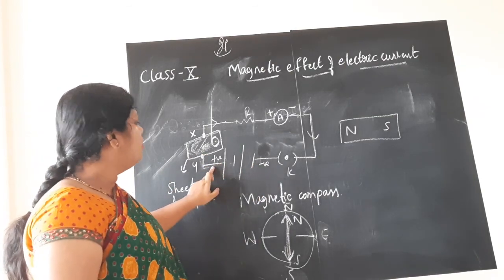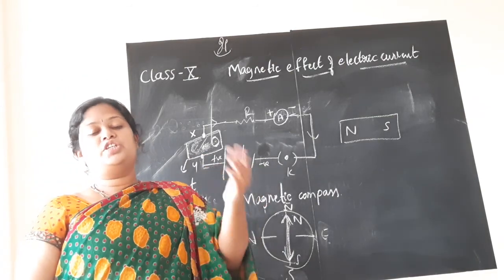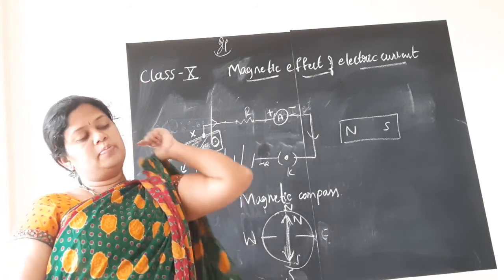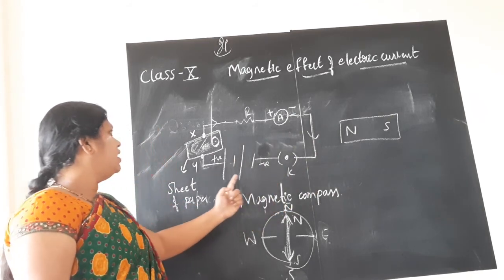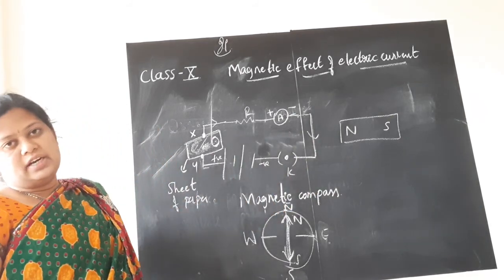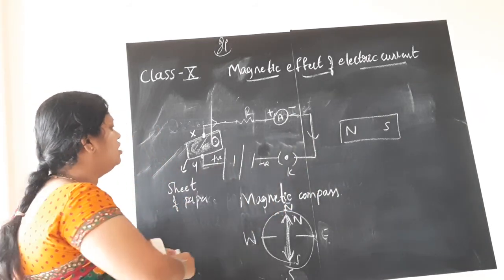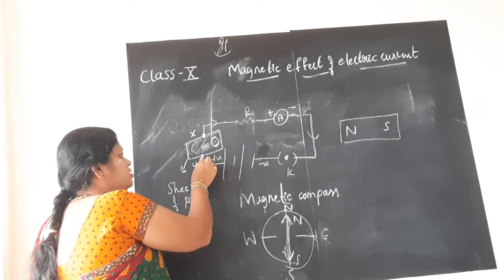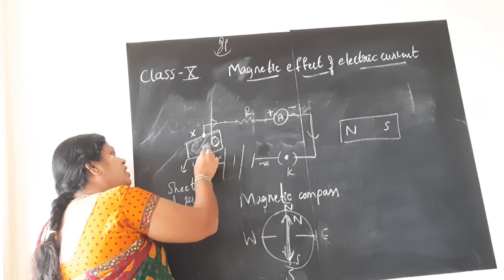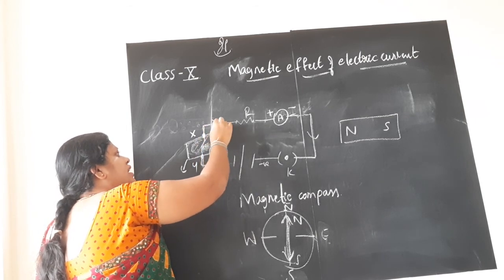The current always flows from higher potential to lower potential. You know that. Higher potential means it always flows from the positive of the battery towards the negative of the battery. So now the current will start to flow from the positive of the battery, and it passes in this direction.